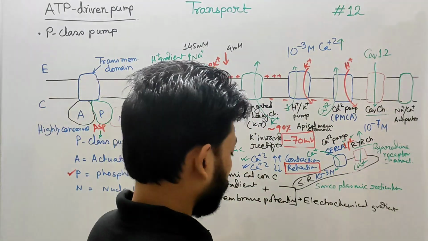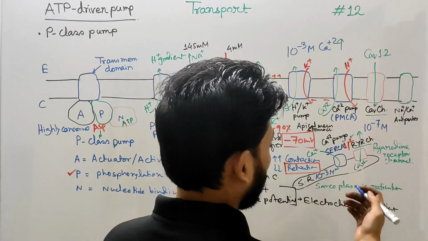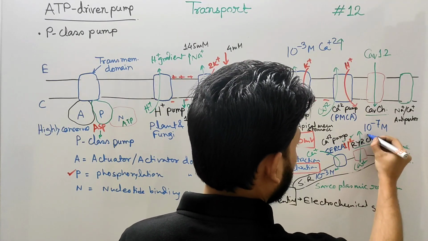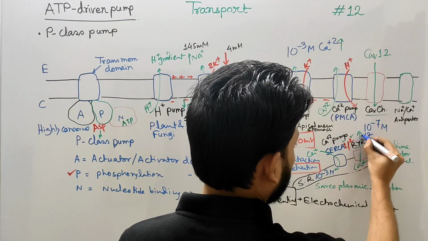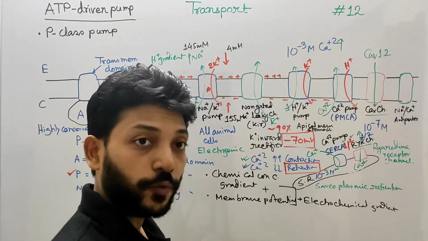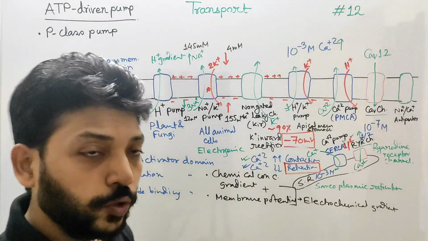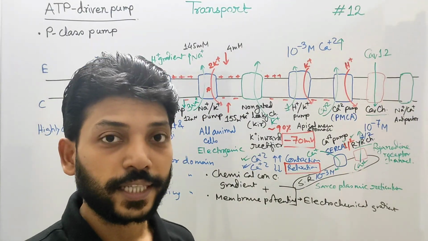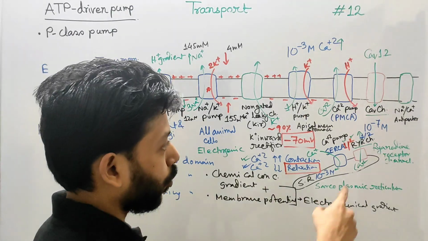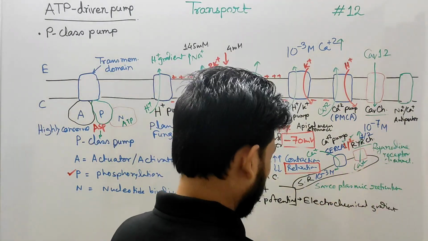I want to mention here that in cardiac muscles, the ryanodine receptor is called ryanodine receptor 2, and in skeletal muscles, it is called ryanodine receptor 1. Also, one antiporter helps in relaxation, called the sodium calcium antiporter. I have also mentioned it here.